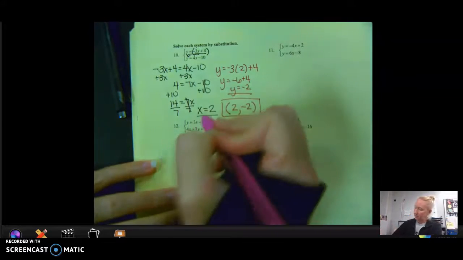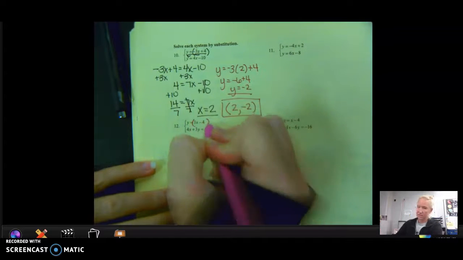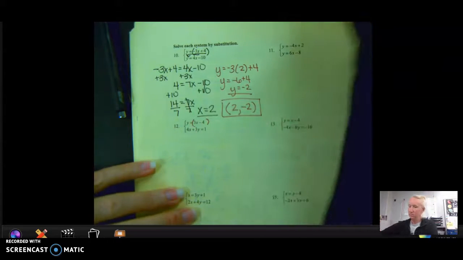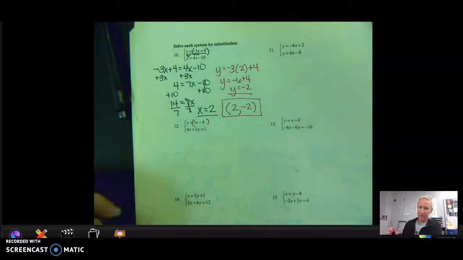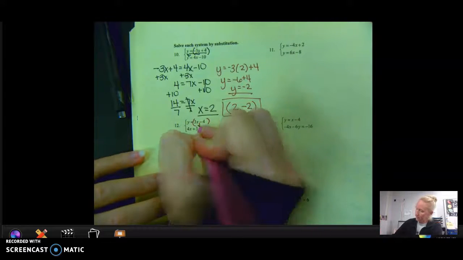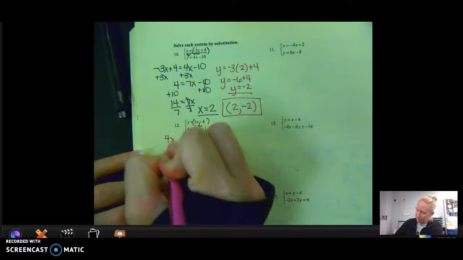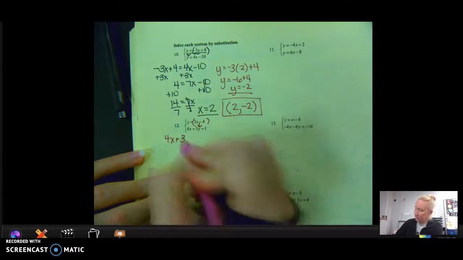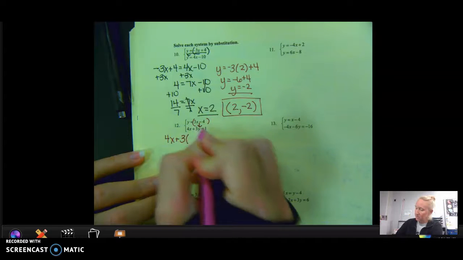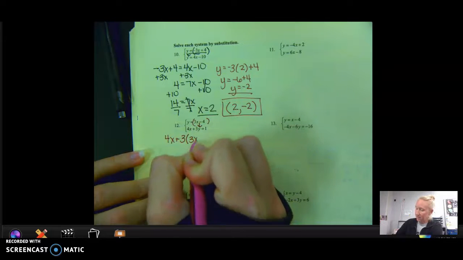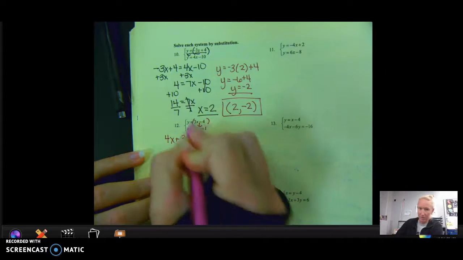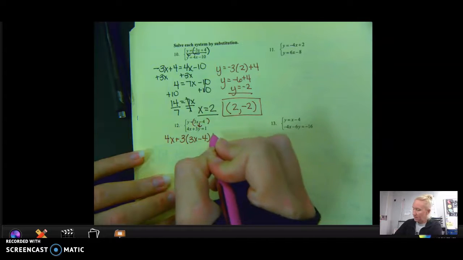Next, let's go down to number 12. This is what y equals. I'm going to take that whole thing and plug that in for y. So I'm going to do 4x plus 3. The 3 stays there, but I'm going to put this in parentheses because I have to multiply that 3 on the outside to everything that I'm plugging in from this y right here. That equals 1.